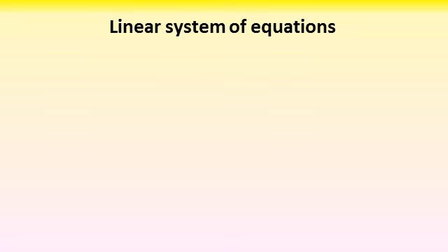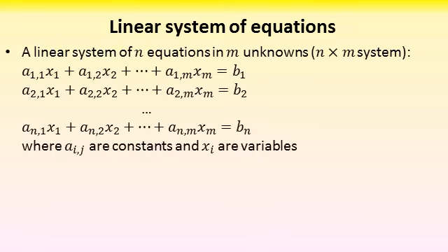If I have m variables, it's more convenient to use the notation x1, x2, and so on all the way to xm for the variables instead of x, y, and z. So the setup is then this: a linear system of n equations in m unknowns, m variables, or just an n by m system, then looks like this.